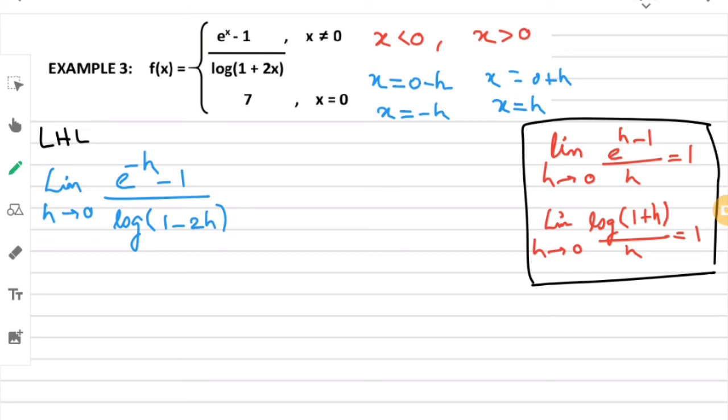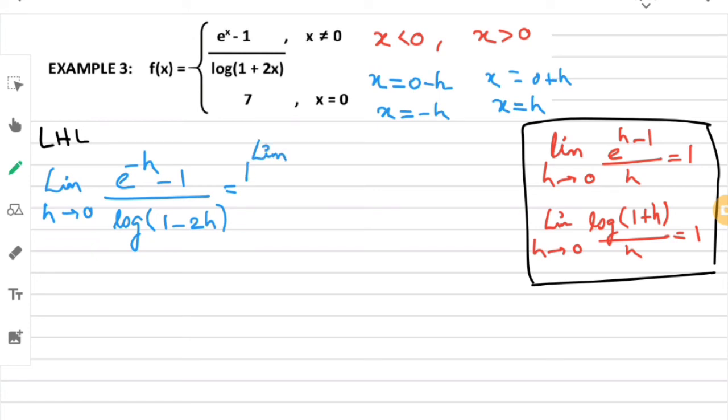Now, if I am going to use this, I am having e power h minus 1 by h, but here I am not having a denominator h. And for this formula also I am having an h over here. Fine. So I am going to divide by h for both the numerator as well as the denominator, and simultaneously I am going to split the limit also.